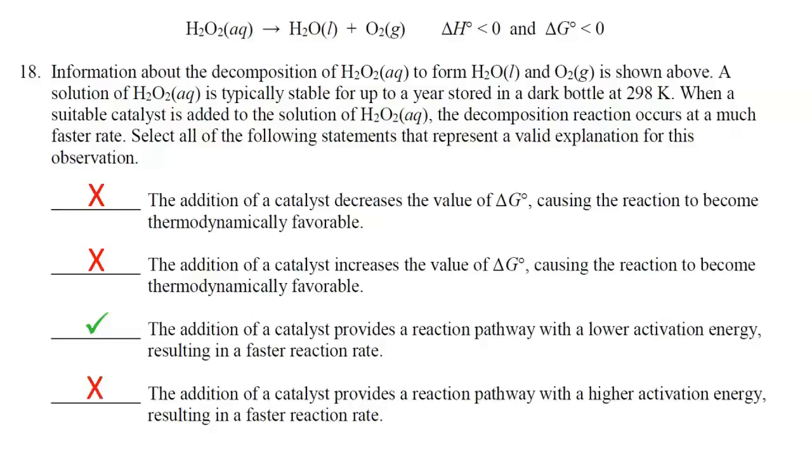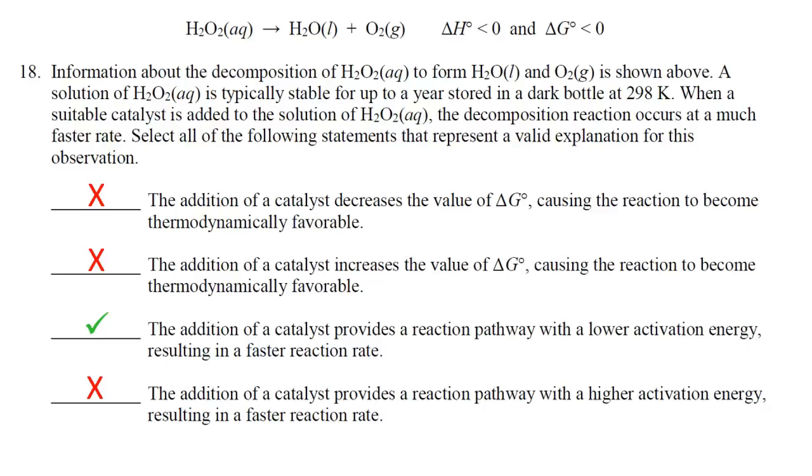So a catalyst speeds up a reaction by lowering the activation energy with a new reaction pathway. So that's why this hydrogen peroxide is pretty stable. The reaction is not seeming to occur until a catalyst is added, which speeds up the reaction by providing a lower activation energy pathway. All right, well, that is the end of question 18.